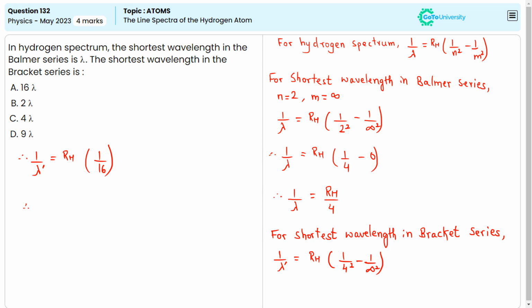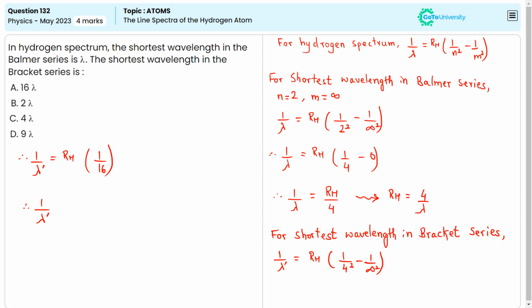Now in place of RH, what we can write? See, check here. In place of RH, we can write RH equals 4 upon lambda.